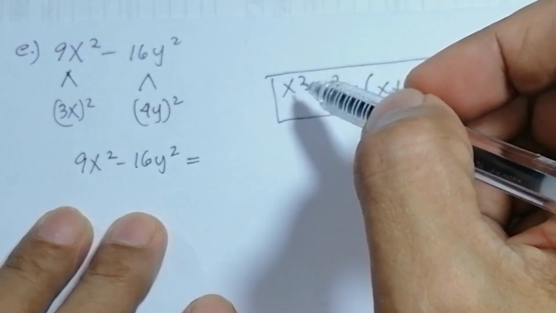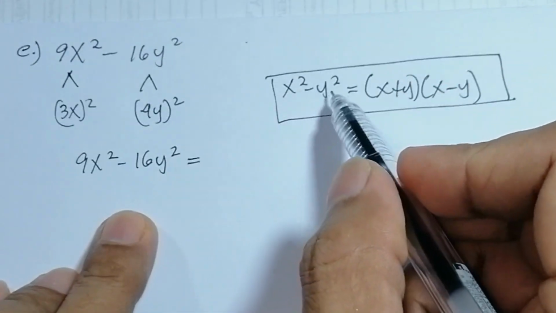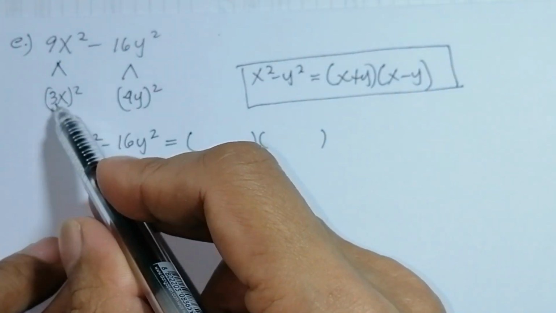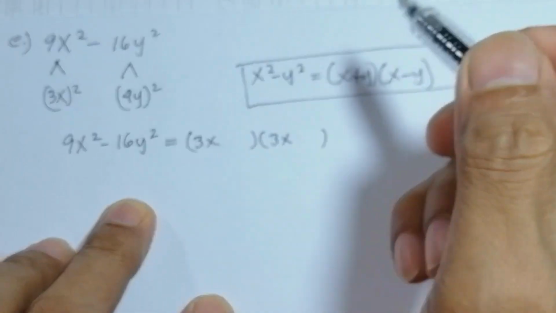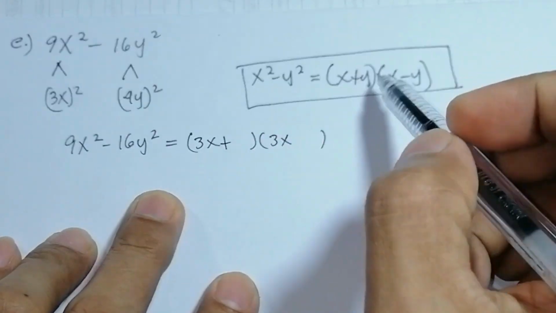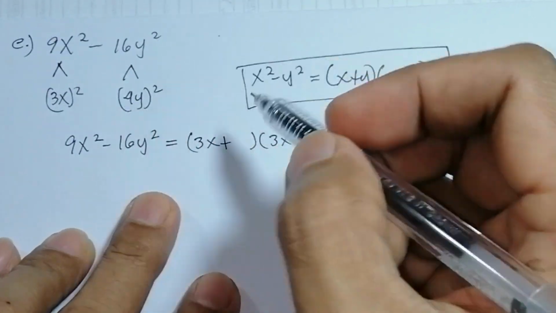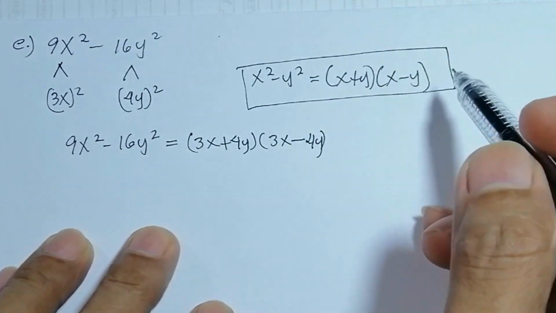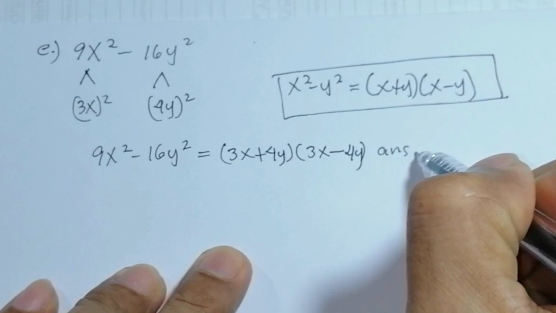This is the formula of the difference of two squares. Since we have x squared minus y squared, our x is 3x here, so we just distribute it, 3x, then we have to copy the sign, plus and negative. Our y is 4y, just distribute the 4y. Okay, so using the difference of two squares, this will be the answer.